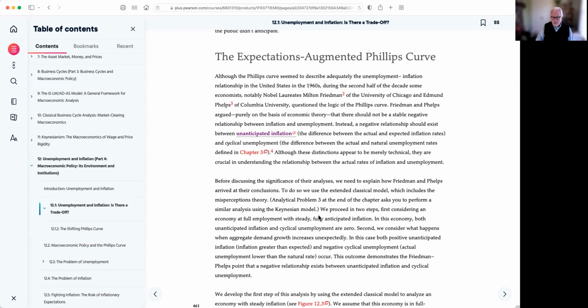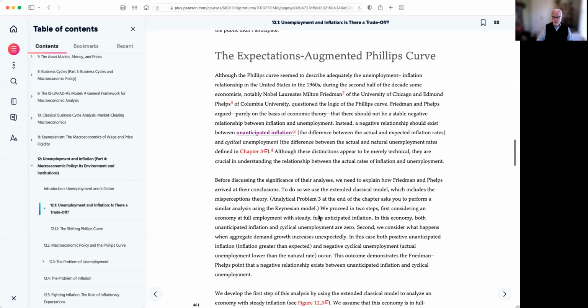That suggests that policymakers, if they could kind of fool people, if it was unanticipated, then that might allow them to influence the real economy, employment in particular, and real GDP. So in the short run anyway, but in the long run, presumably people's inflationary expectations would catch up, and it would no longer have that kind of long-run impact on the economy.